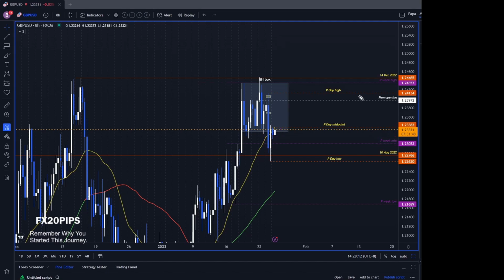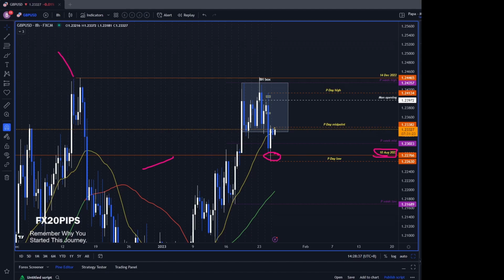Again, I have the usual previous day high, low, and midpoint. Price is trying to break up above the midpoint, or maybe might retest and drop further down. And then some other higher time frame resistance and support, so around here.